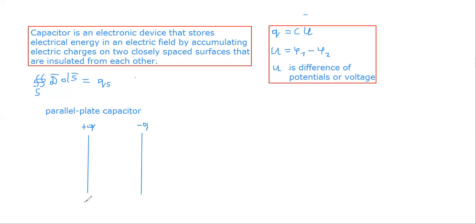The area of the plates is equal to S. Between these plates we have an electrostatic field.